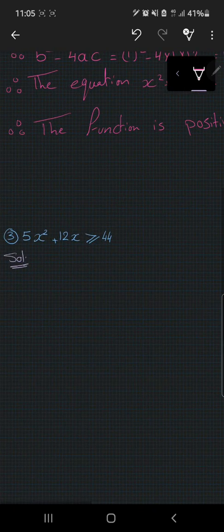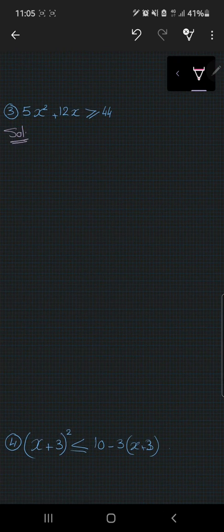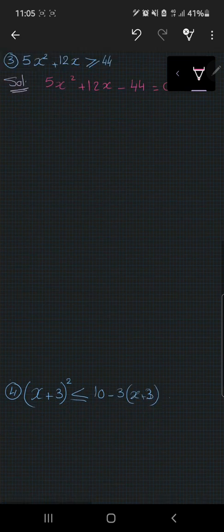Okay, the third one, 5x power 2 plus 12x equals 44. First, move 44 to the other side by opposite sign, and put f of x equals 0. So 5x power 2 plus 12x minus 44 equals 0. Get the discriminant.